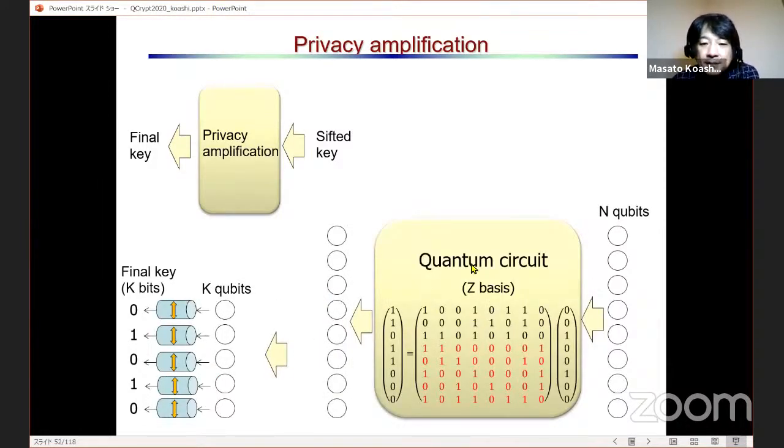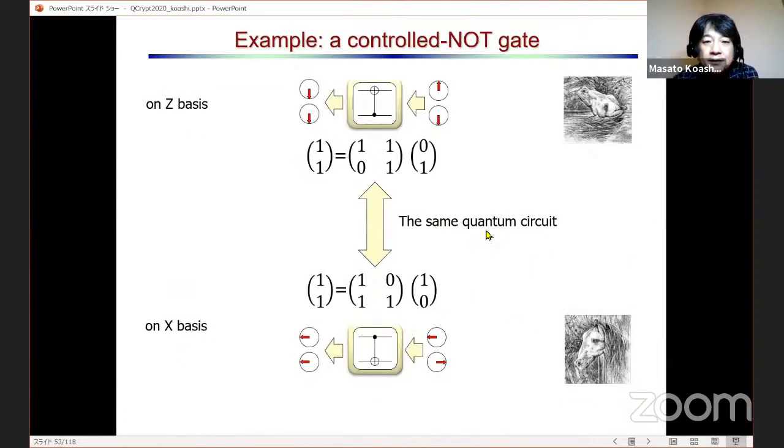Now, what can we say about this quantum circuit? Maybe many of the audience will be familiar with the property of the controlled-NOT gate. A controlled-NOT gate in some basis, the Z basis for example, is equivalent to another controlled-NOT gate in the X basis. So if we change the basis, then the target and control are replaced with each other.